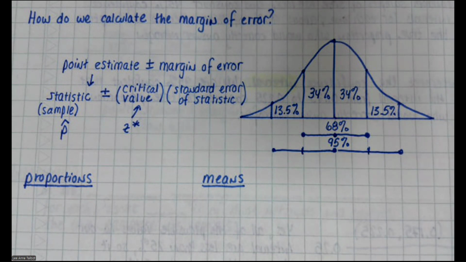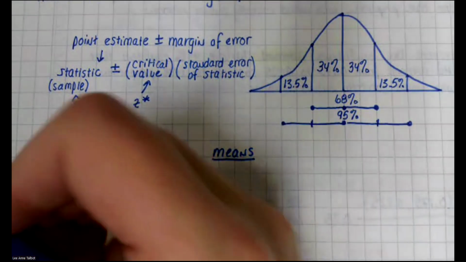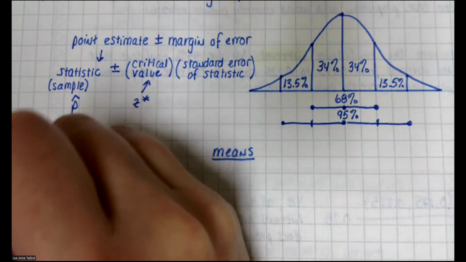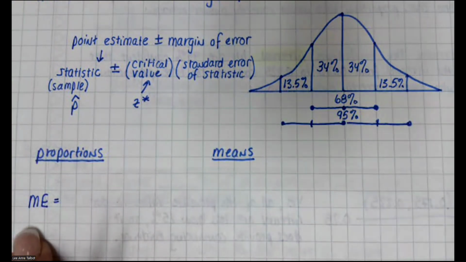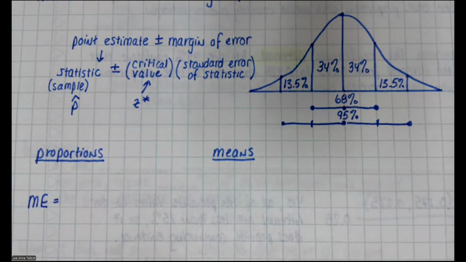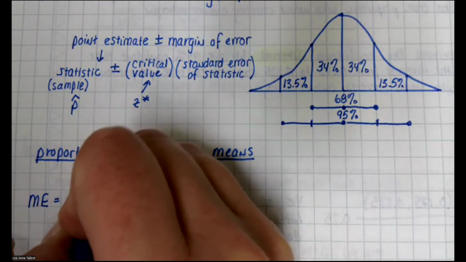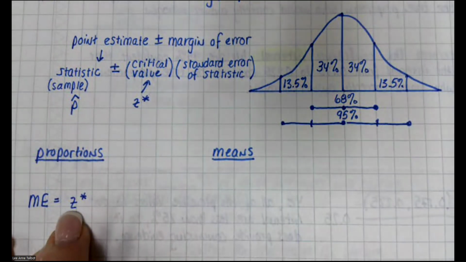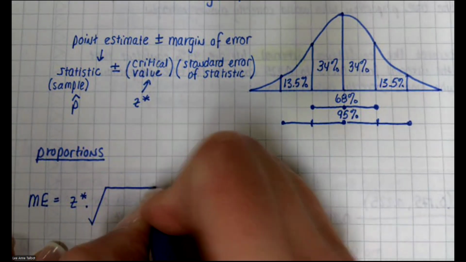Okay. For proportions, I'm hoping this was not going to be that surprising to you, but the margin of error, and this is what I use to abbreviate margin of error because I'm lazy and I don't know that there's any specific way to do it. The critical value would be Z star. It is for both. That just means how many jumps I'm going out on either side times standard deviation.